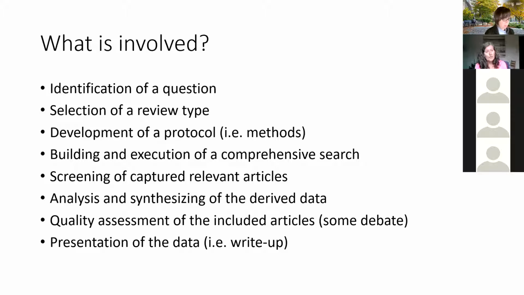Now, this is pretty standard for the process. When you are deciding or tasked that you're going to be doing a systematic review or some other review or synthesis, you need to first identify the question. This is very challenging because it's so much more than even just having a researchable question, which is something that we help students with from the beginning of undergrad through, to be able to construct a question that is researchable.